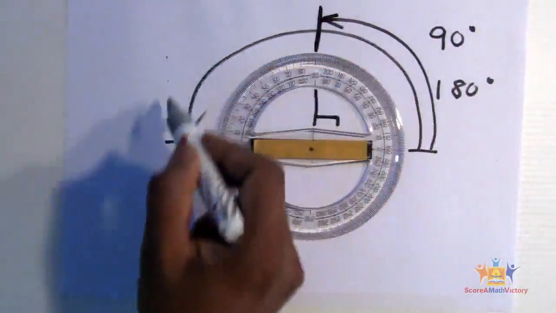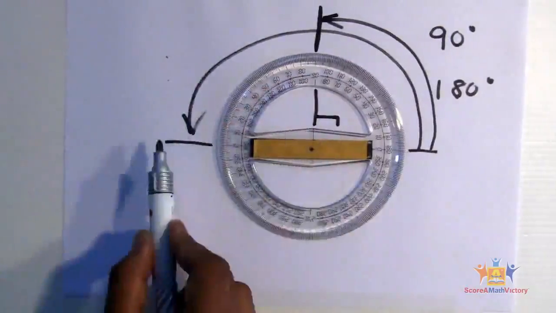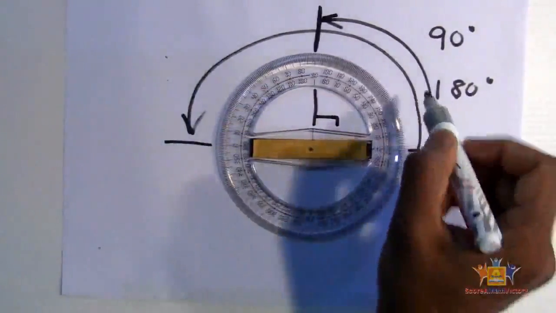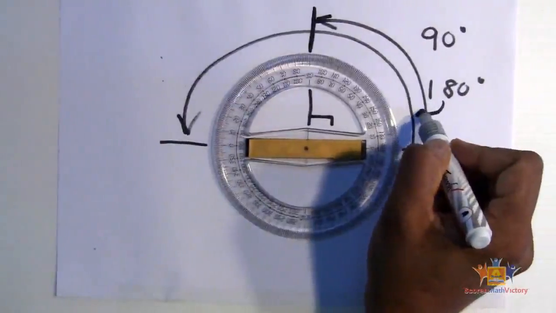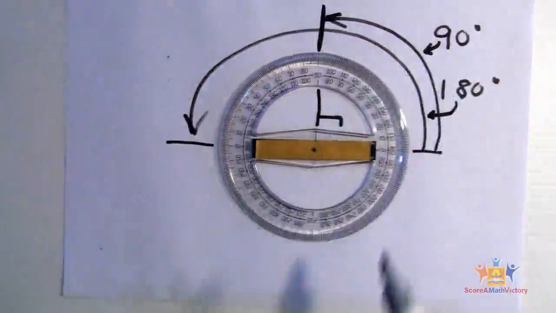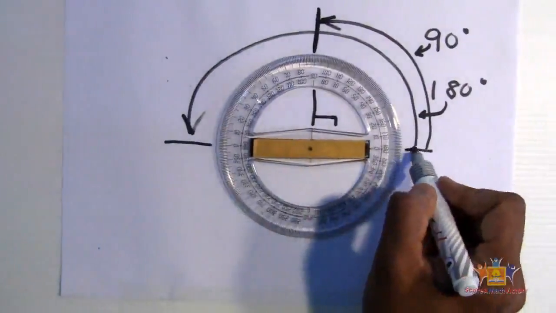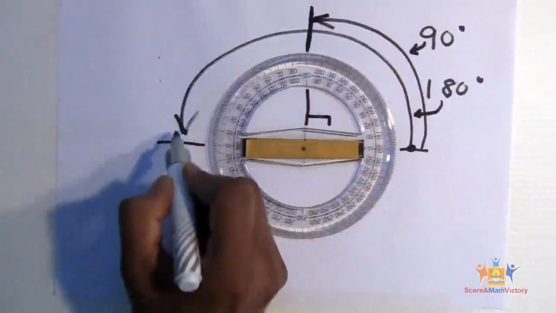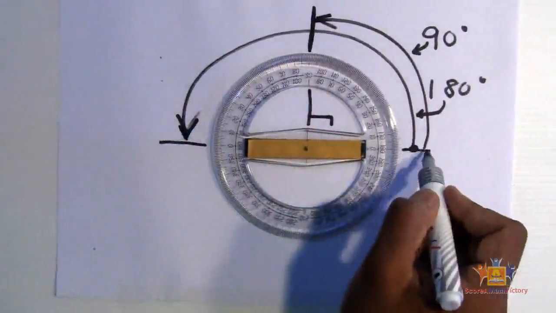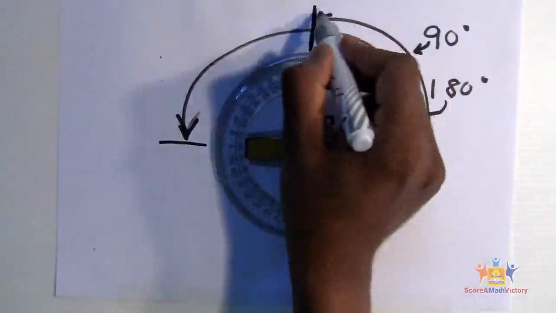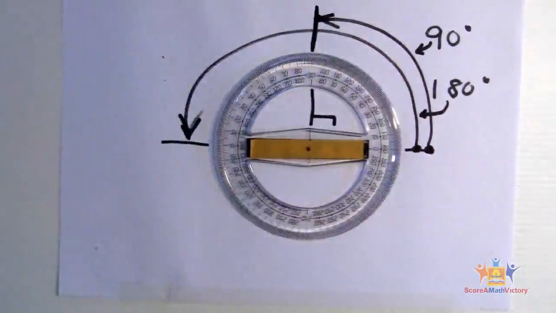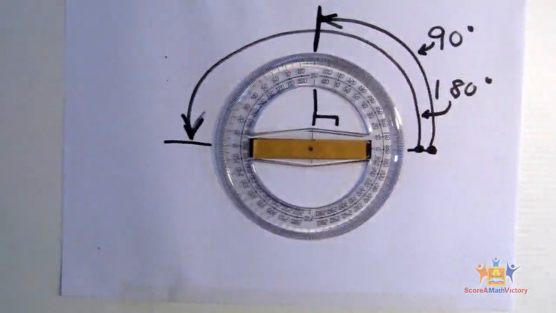So when I go all the way to the halfway, okay? So look at that. When I start right here, when I go all the way to here, it's what? 180 degrees. When I start this one right here, and I go all the way to the quarter of the circle. Quarter of the circle is 90 degrees. Half of the circle is 180 degrees.